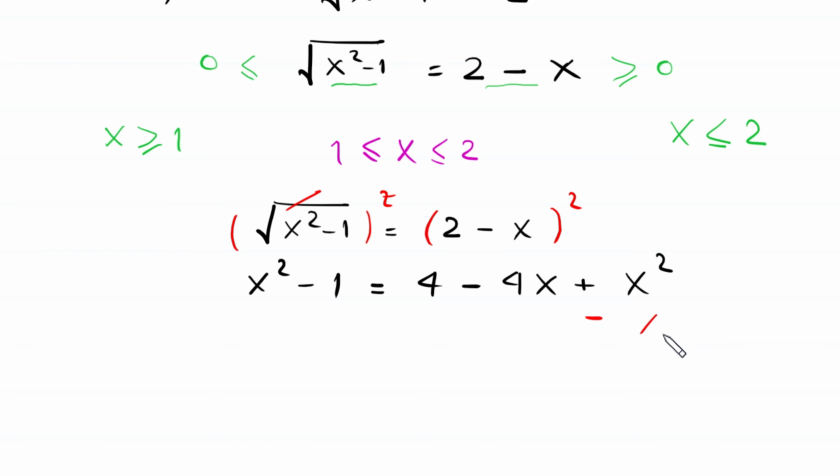Subtract x squared from both sides and add 1 to both sides. This cancelled out, this cancelled out, and this cancelled out. We are left with 5 minus 4 times x equal to 0.